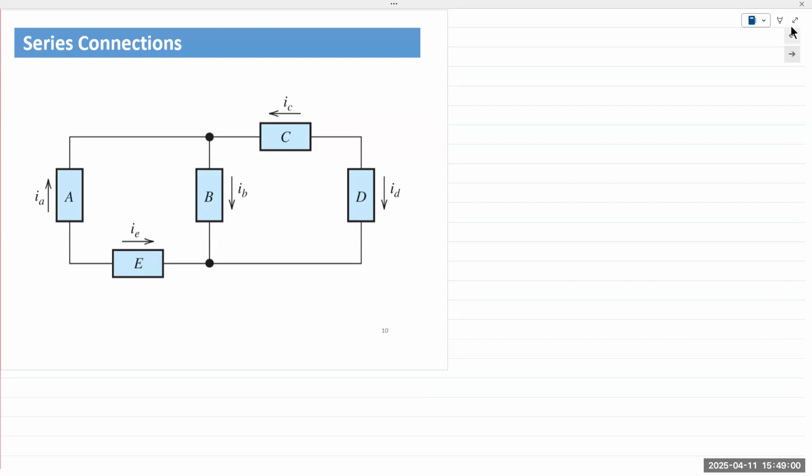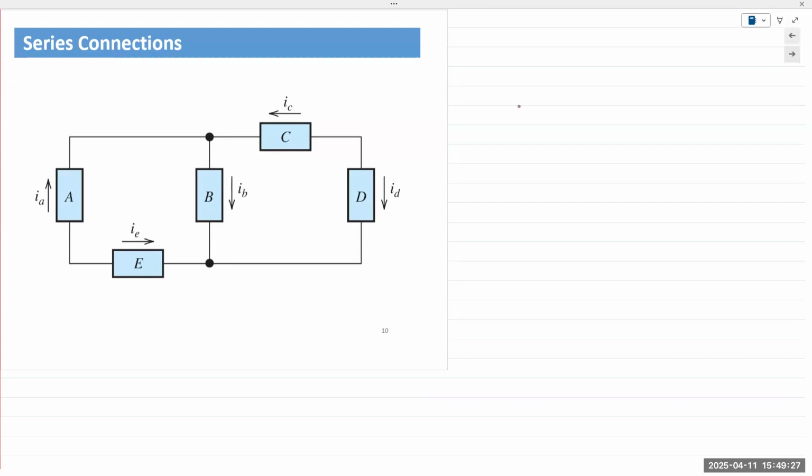They should only share one connection between two components for it to be considered a series connection. Until you get to EE306, you will not be working with any 3-terminal devices. You'll be exclusively working with 2-terminal devices. Whether it's a resistor, capacitor, or inductor, they only have 2 terminals, right?